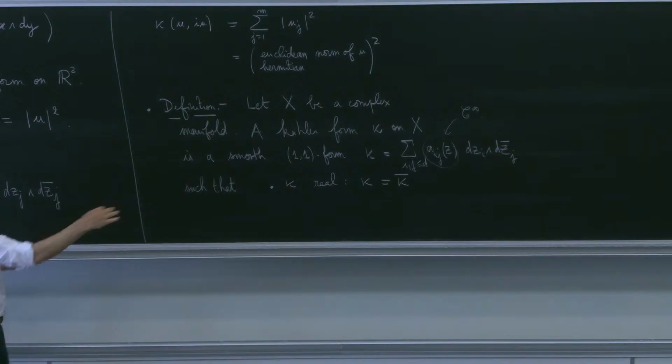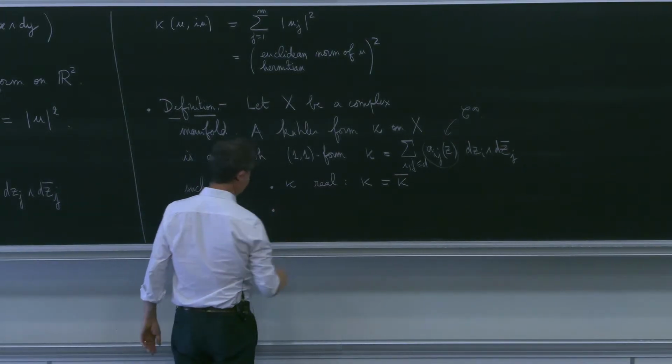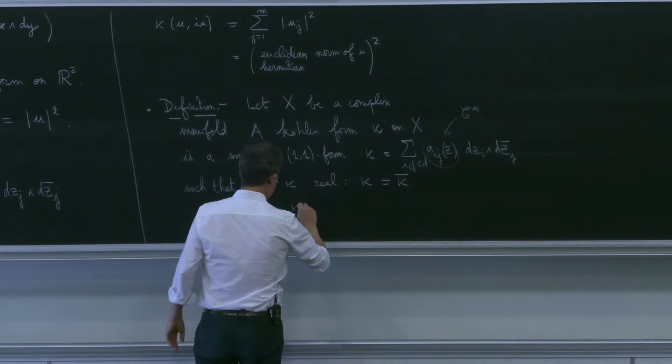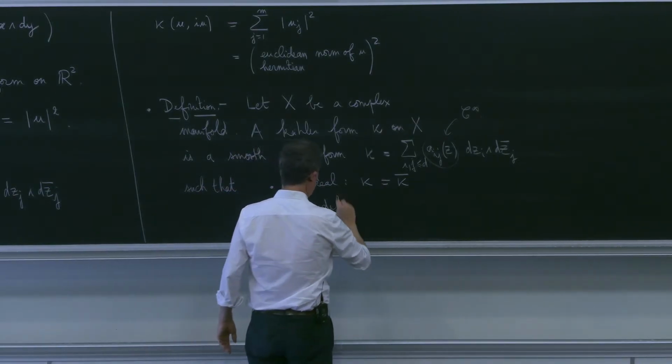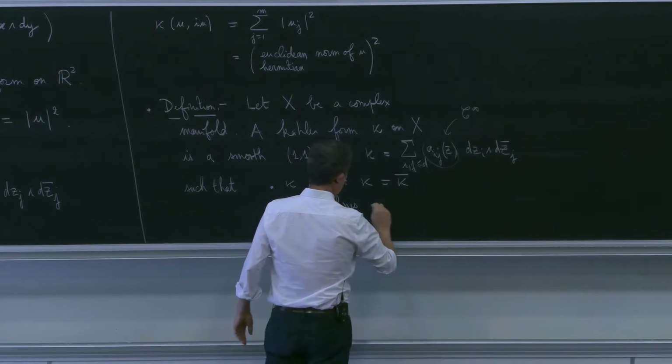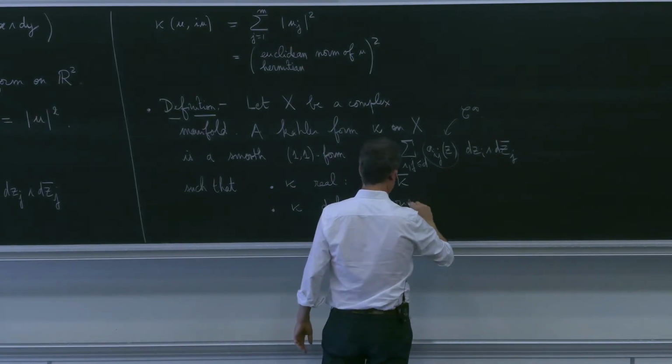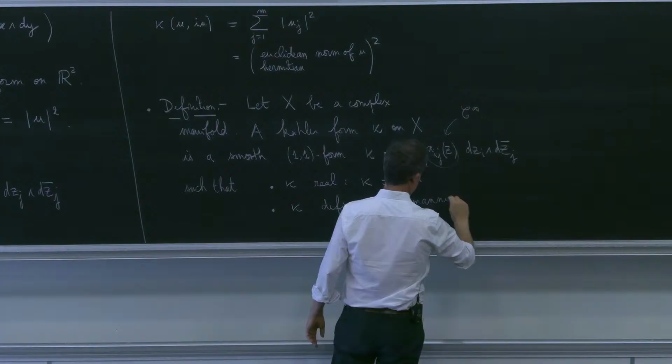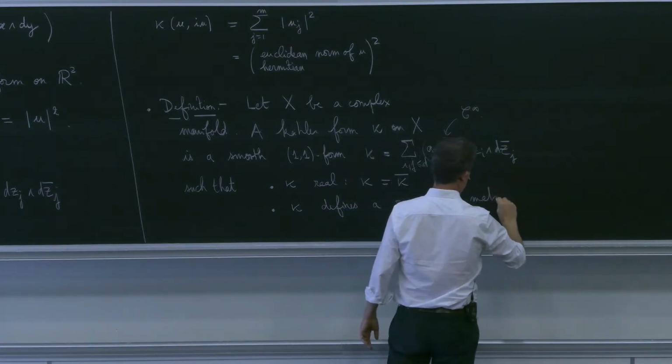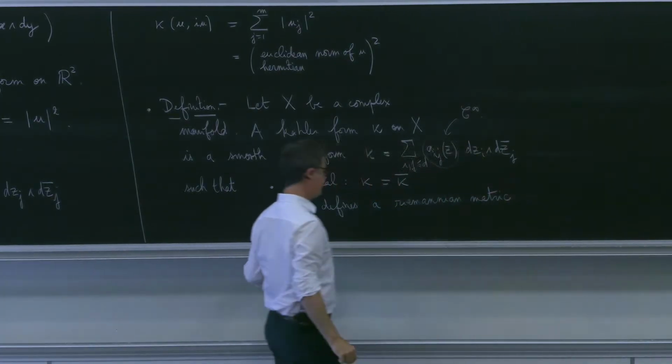If I take complex conjugate, I have the same form. Second thing, I want kappa to define a Riemannian metric by the following formula.